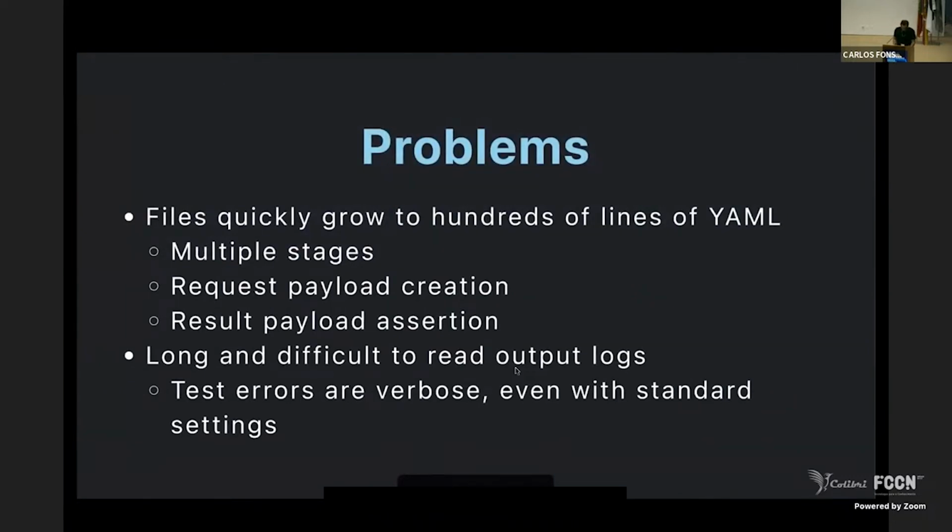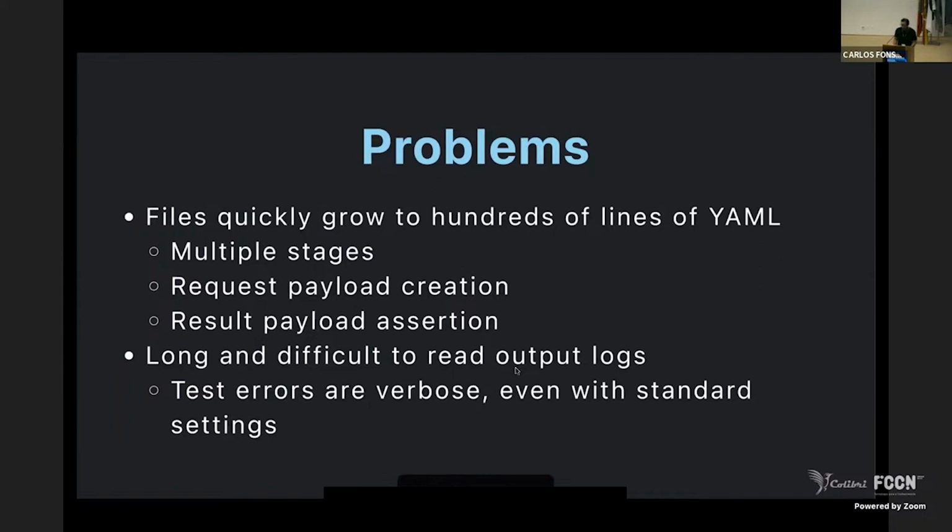What are the main problems? Well, files quickly grow to hundreds of lines. And the case that started all of this is 4 files, each with roughly 800 lines of code, which led to 3,000-something lines of YAML in the end that you had to scroll up and down and all that stuff.